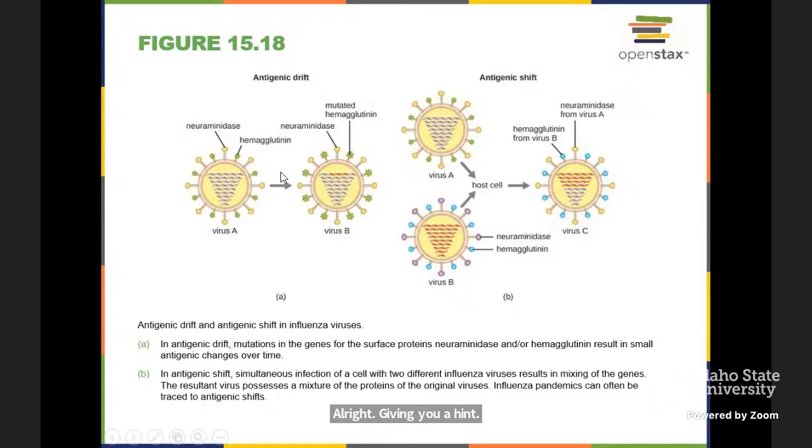So the first bit with the drift, this is something that happens that gives you small, subtle changes in that virus, a little bit of a mutation. All right. And that's what we're looking at here. The proteins, the neuraminidase and the hemagglutinin, with their specific shapes.